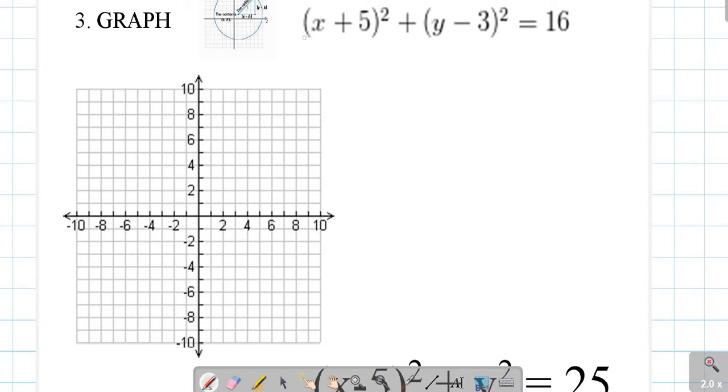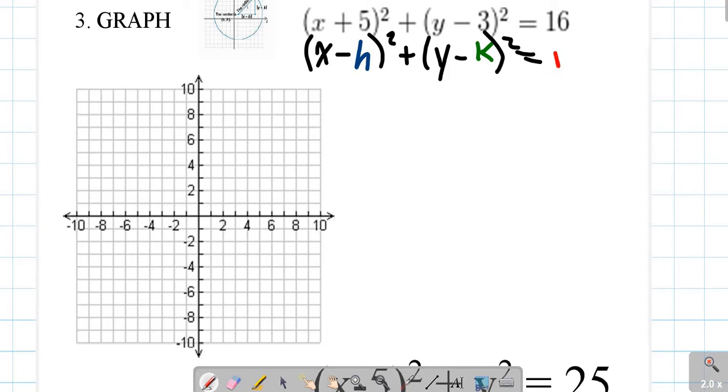You start by writing the original equation. Now, pull out your h, k, which is your center, and your radius.